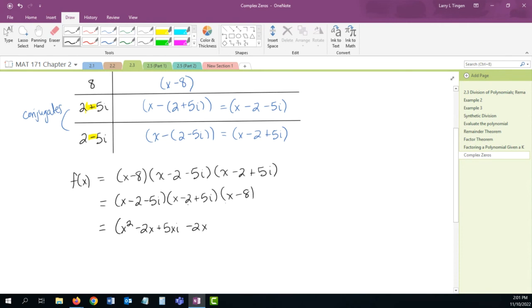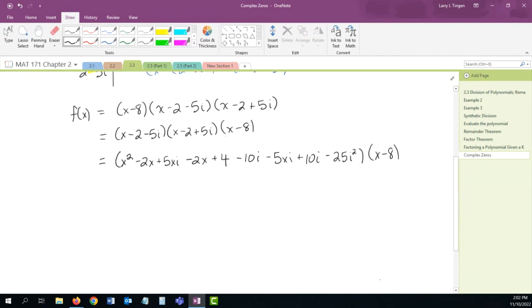Negative 2 times negative 2 is 4. Negative 2 times 5i is negative 10i. And then lastly, negative 5i times x, negative 5xi. Negative 5i times negative 2 is positive 10i. And then negative 5i times positive 5i is negative 25i squared. And then don't forget the x minus 8 on the end.